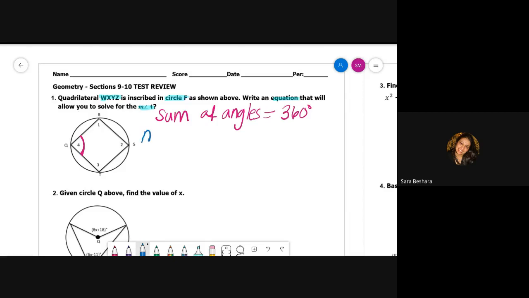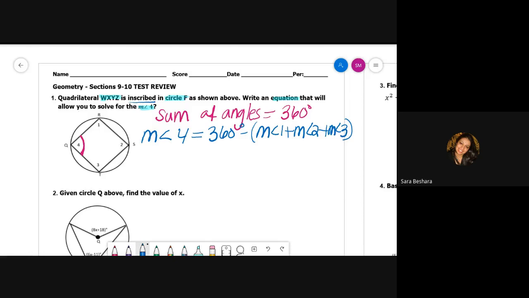The answer is yes. So your first process would be to subtract 360 degrees minus the measure of 1 plus the measure of 2 plus the measure of 3. That's one way. But the quadrilateral is inscribed in a circle.